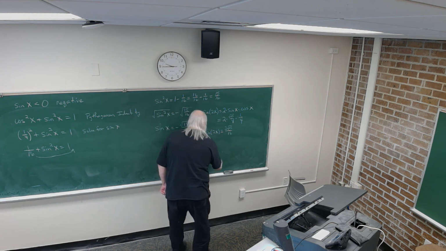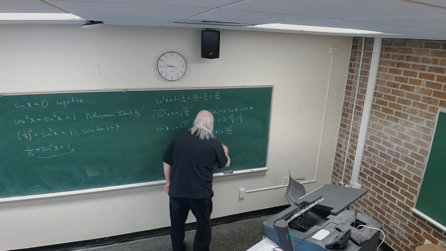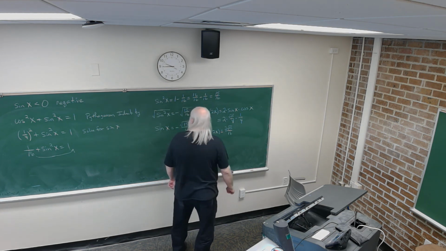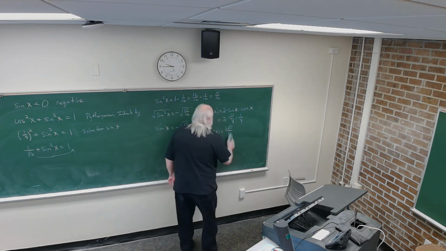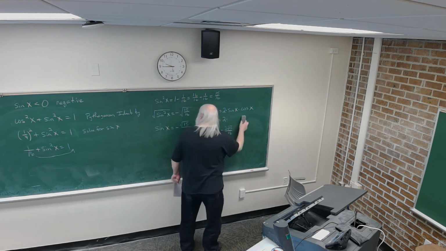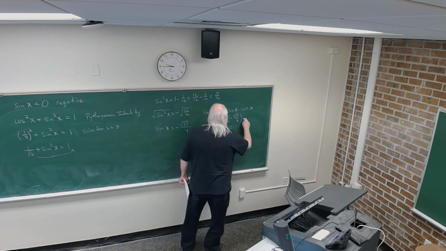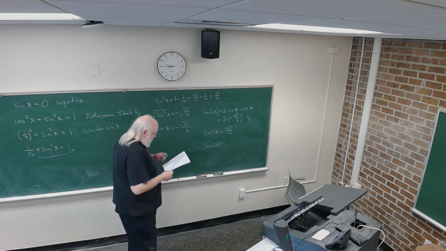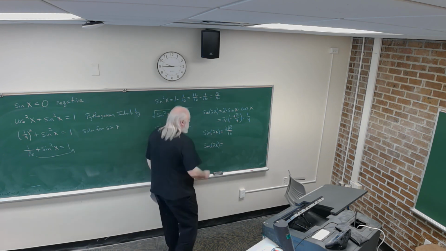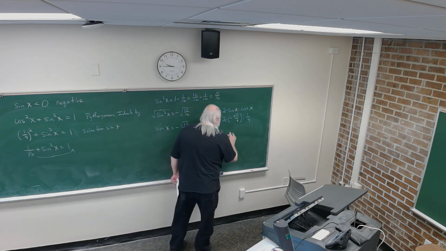So we have the sine of 2x is equal to, I made a mistake. Did you notice it? I forgot the minus sign. Sine x is minus the square root of 15 over 4. And so this is minus 2 times the square root of 15 over 16.